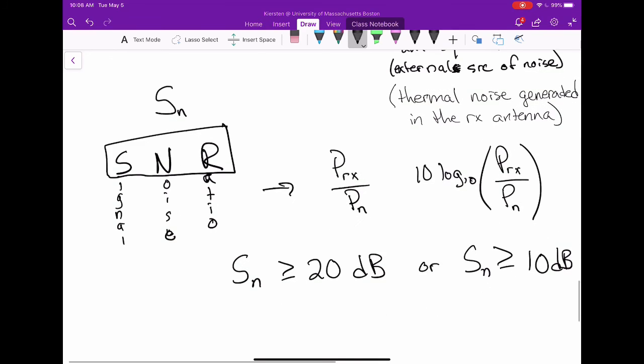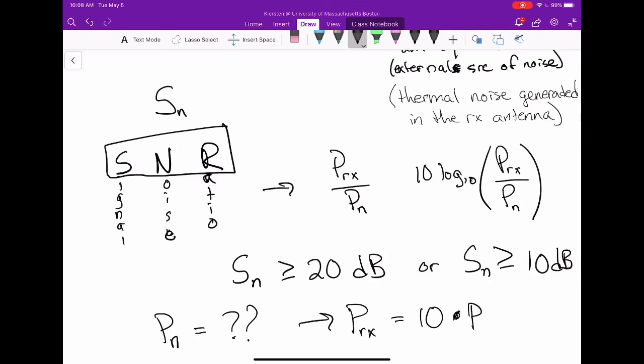And then based on that, you use that to figure out, well, if I know my noise power is some amount, then I need my receiver power to be 10 times the noise power if my signal to noise ratio has to be at least 10 dB.